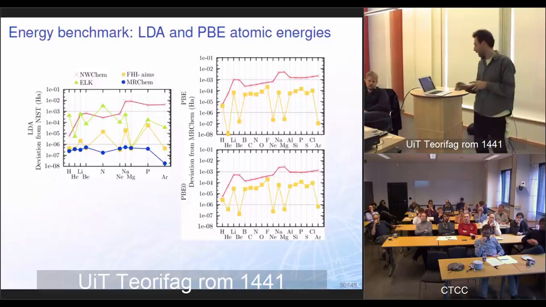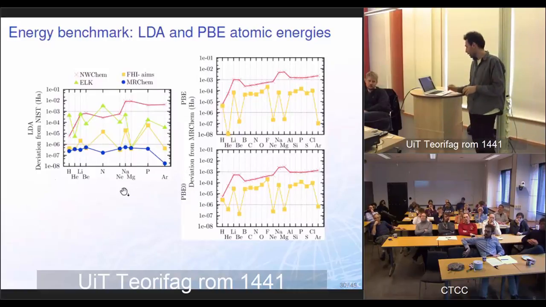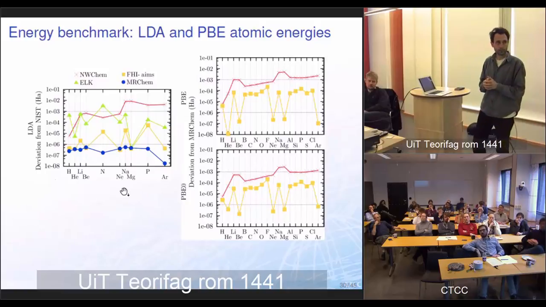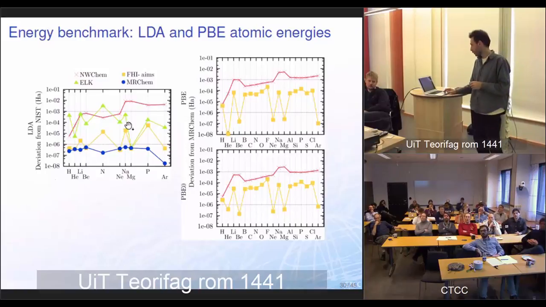As you can see here, we have started looking at some energy benchmarks. On the left side, these are LDA calculations performed with MRChem, so multiwavelets, and that's the blue line.